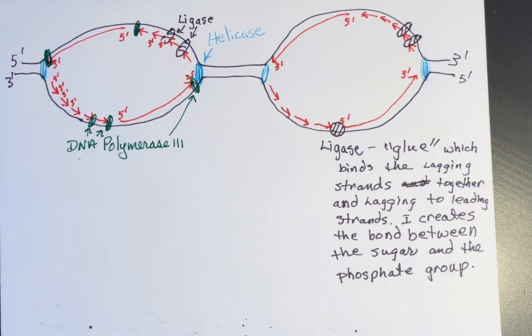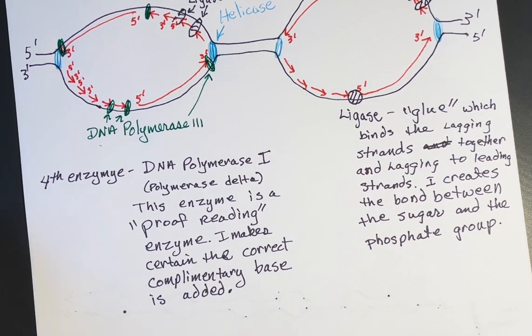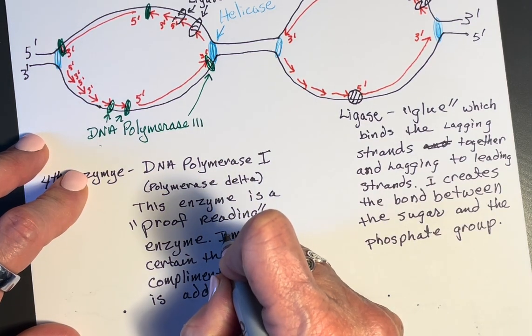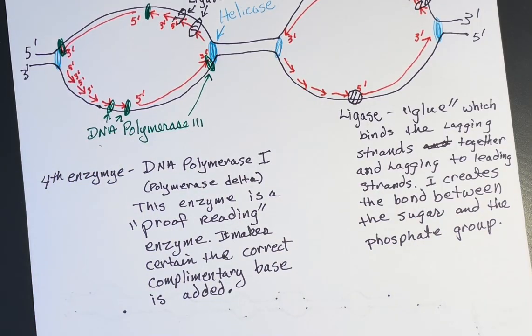It makes sure that mistakes haven't been made, that the wrong complementary base was not added. All right, here is the definition for the last enzyme, the 4th, you should say, is DNA polymerase 1 or polymerase delta. So this enzyme is a proofreading enzyme. It makes certain the correct complementary base is added.